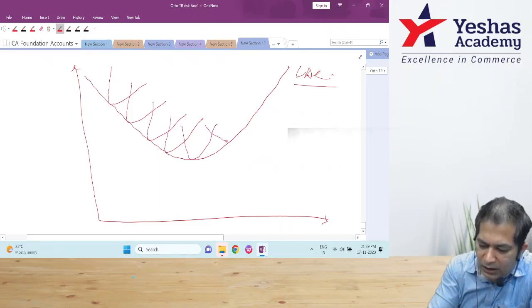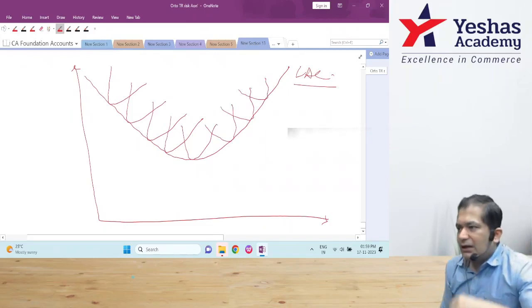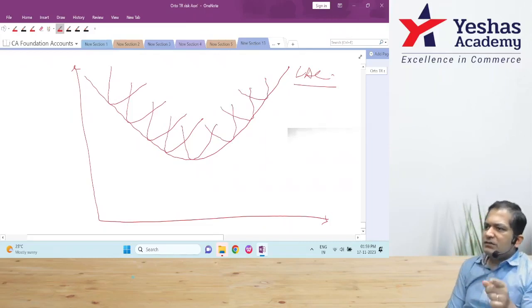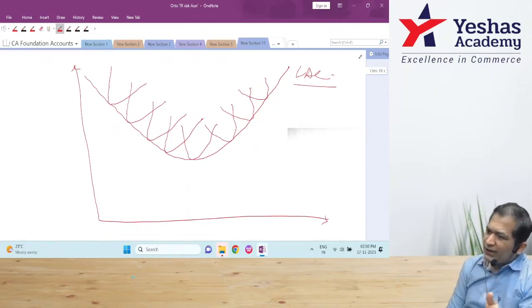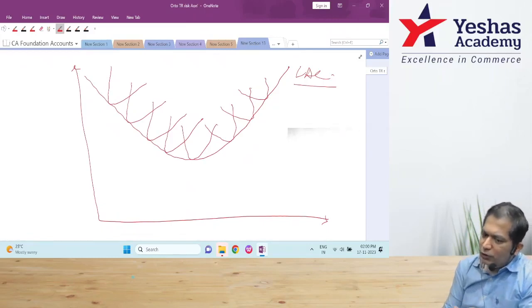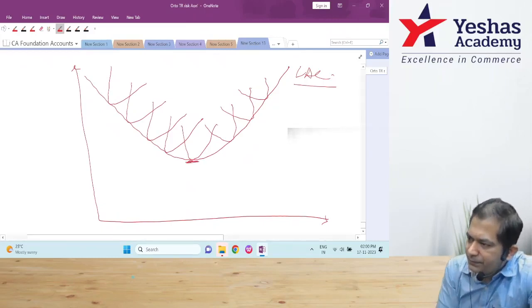Now remember one thing: the most productively efficient point in the short run is at the lowest point of each SAC. And the productively efficient point in the long run is the lowest point of the LAC.